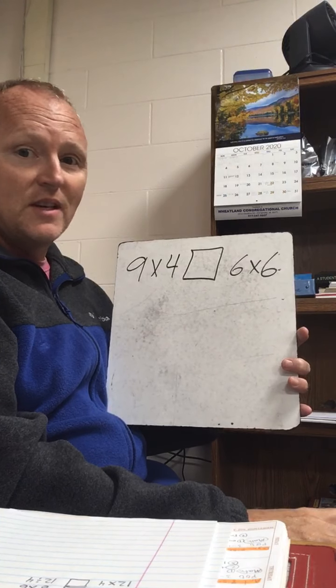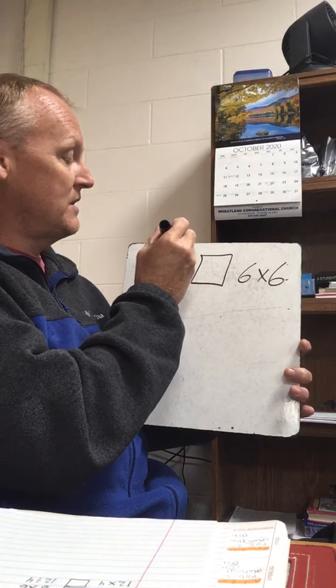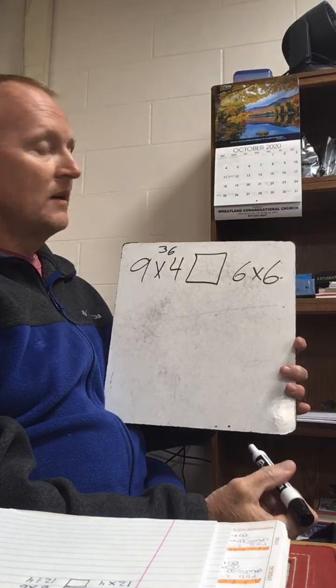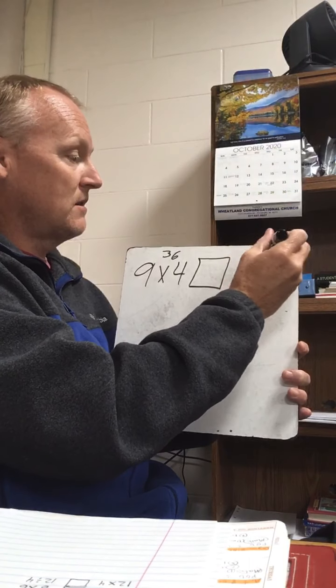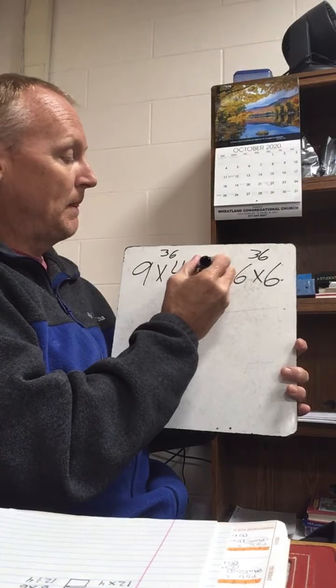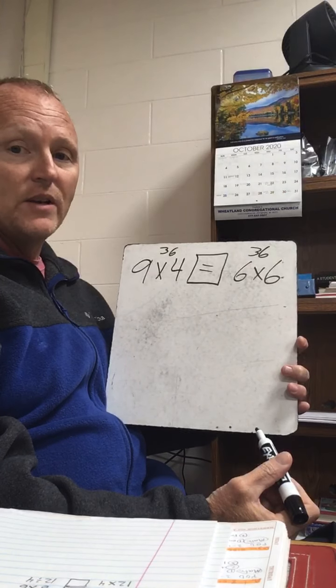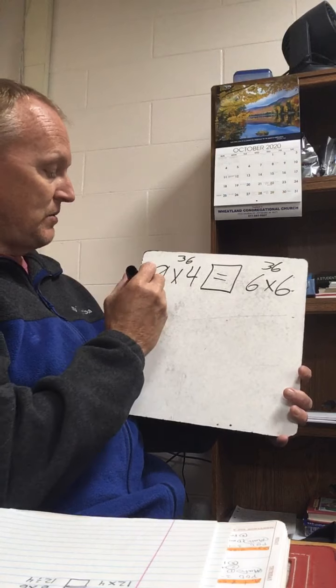These are ones that you've seen a bunch of times. Okay, 9 times 4, that equals 36. 6 times 6, that also equals 36. Okay, it's the same number. That means they're equal. So this one is called an equation.